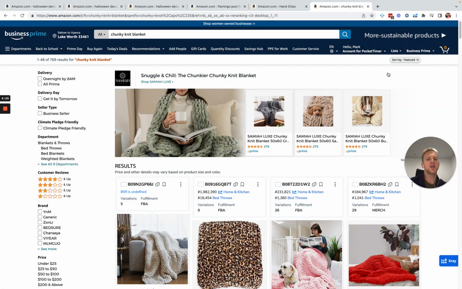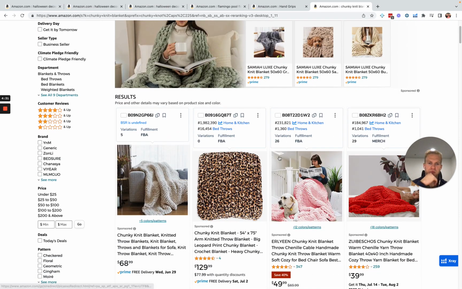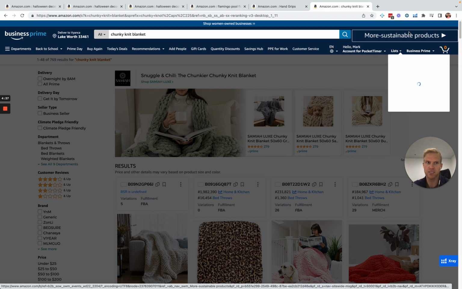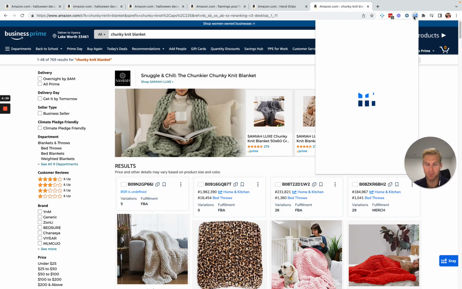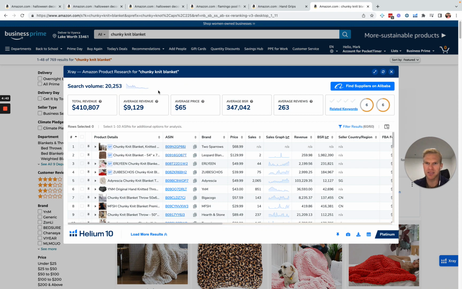This is another product that I had a friend sell. He made a killing on it, and it was these chunky knit blankets. And just being fully transparent, I think he listed it, and all of a sudden he was doing like $2,000 a day selling this, absolutely killing it. And I just thought, wow, that's unbelievable. I didn't realize that was so highly searched for.